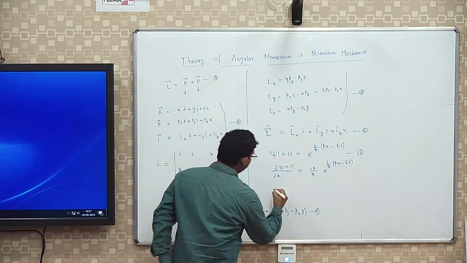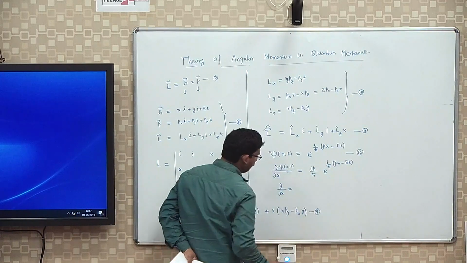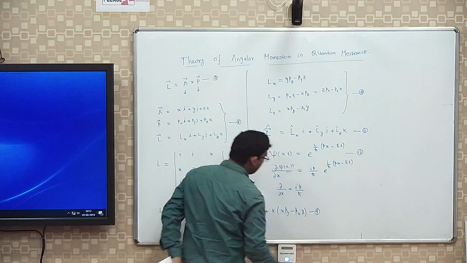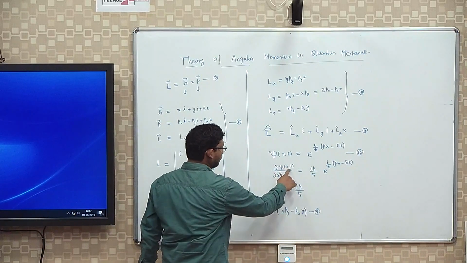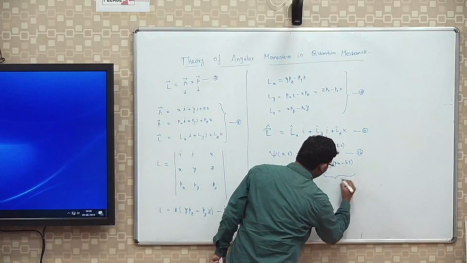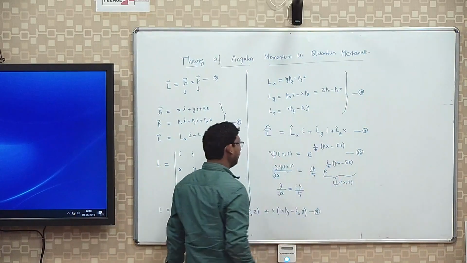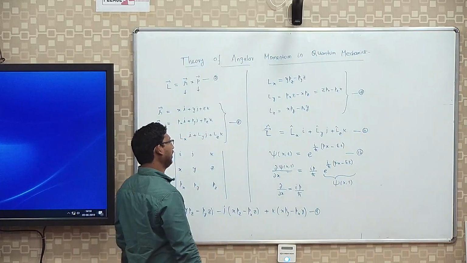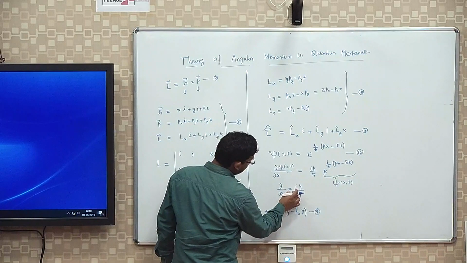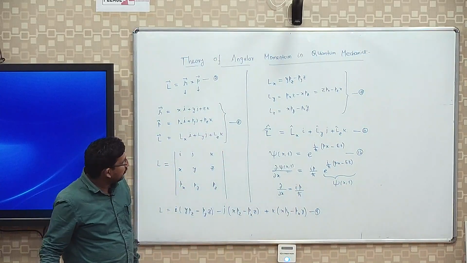So simply we can write dou divided by dou x of psi of x, t equal to i p divided by h cross times psi of x comma t again. So psi gets cancelled on both sides of this expression. Then dou divided by dou x is equal to i p divided by h cross is the remaining term.